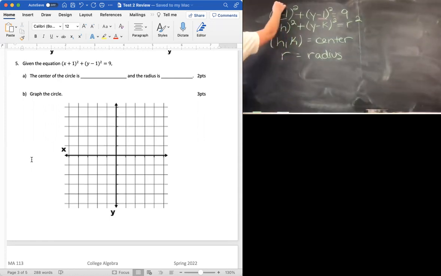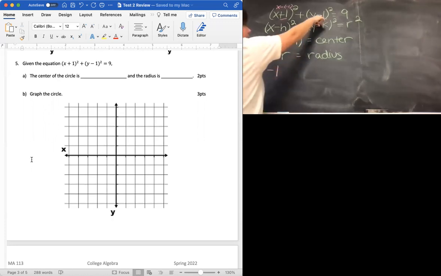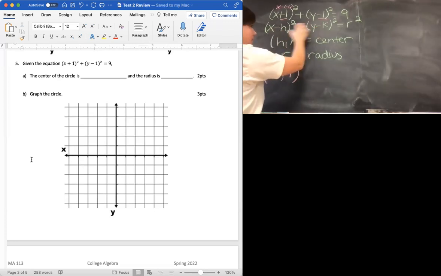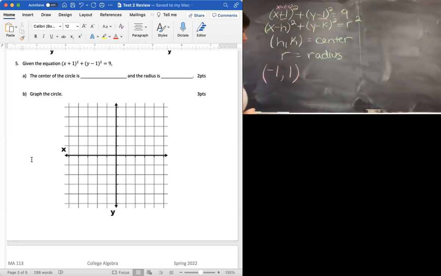Yeah, we could say that was x minus a minus 1. So then my h would be -1, and my k would be a positive 1. So you have to be a little bit careful there because they have a minus in the general form. So my center is -1, 1.